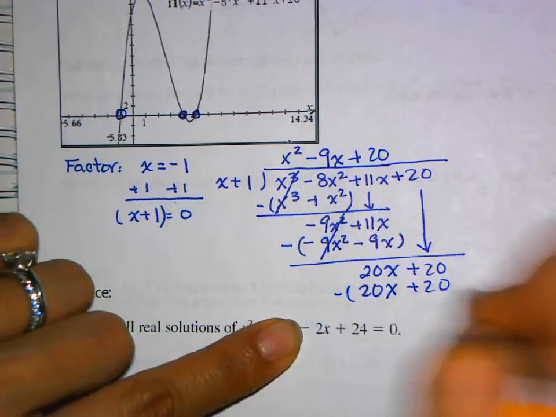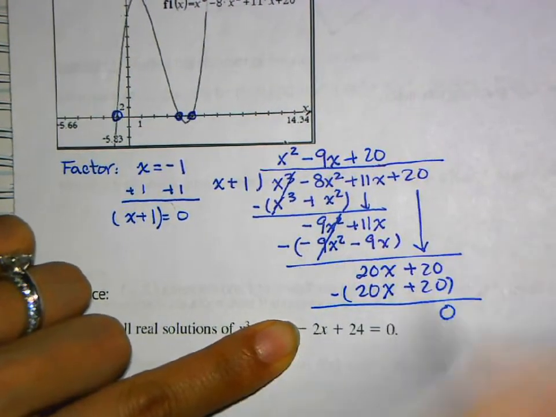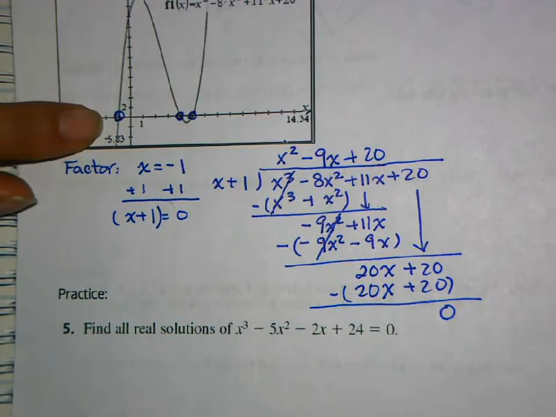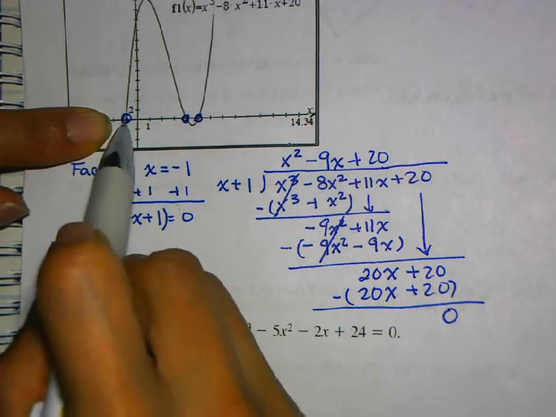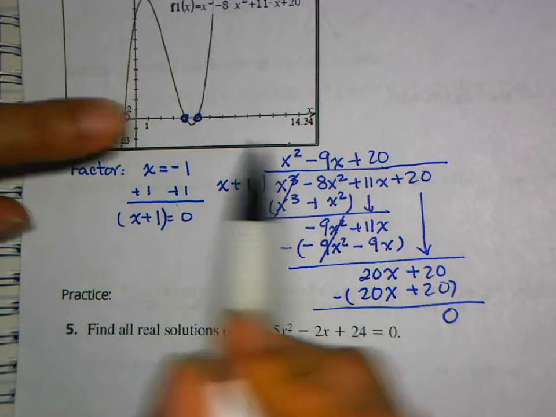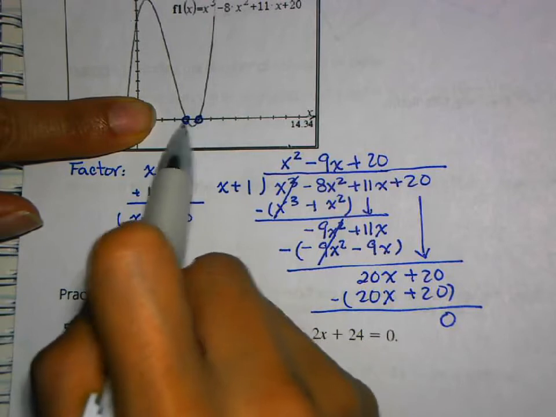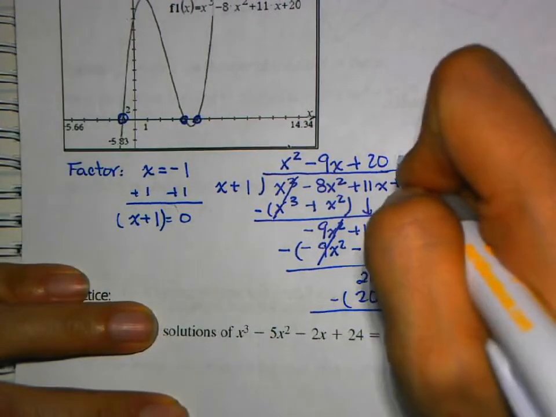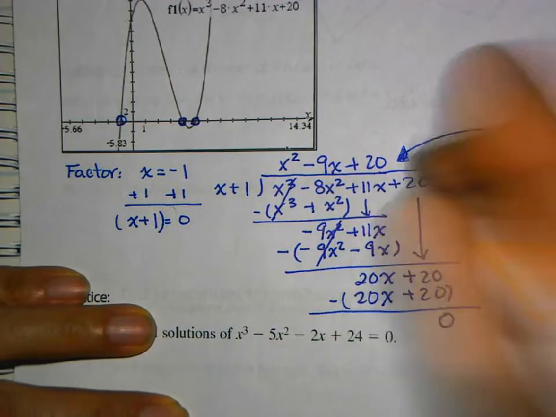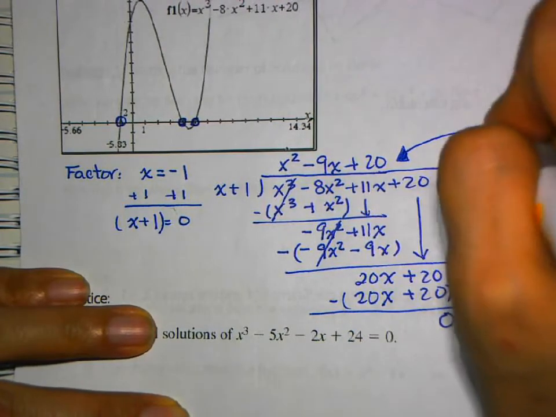And just as I expected, there is no remainder here because that is one of my solutions. Now, what that means is that I divided out that one factor. Now, I'm looking at just these two factors right there. I need to know what those factors are. So I'm going to take that quotient and factor it.